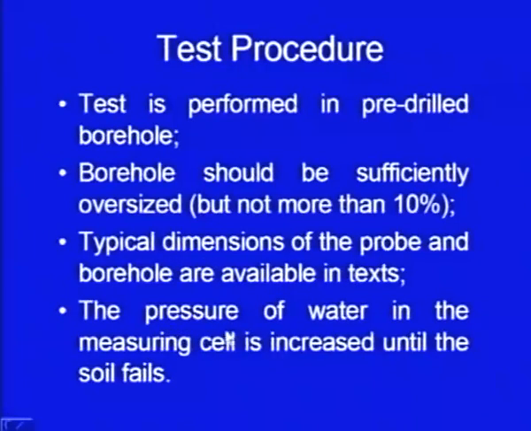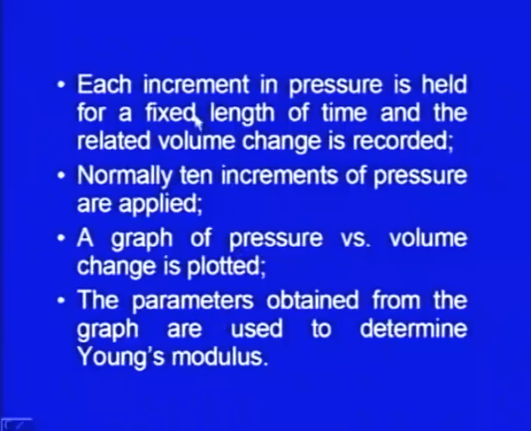The pressure in the measuring cell is increased till the soil fails. Each increment in pressure is held for a fixed length of time, and the related volume change is recorded. So, this is the basic philosophy of this test. Generally around 10 increments of pressure are applied, and then a graph of pressure versus volume change is plotted.